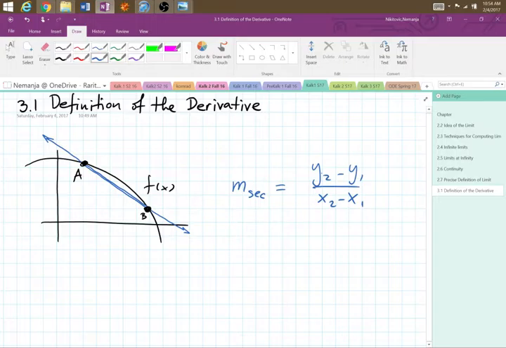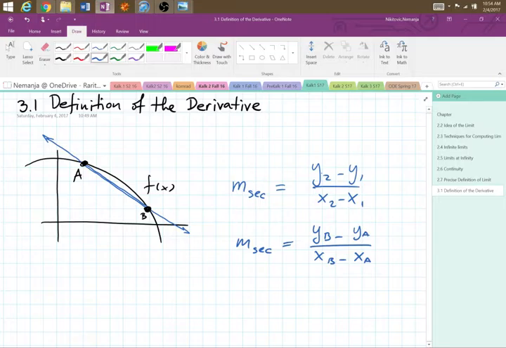So let's write it one more time with A and B. So yb minus ya over xb minus xa. And we know that for point A, xa, ya, and for point B, xb, yb. So we can find the slope of this line.